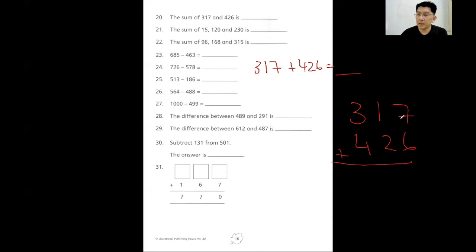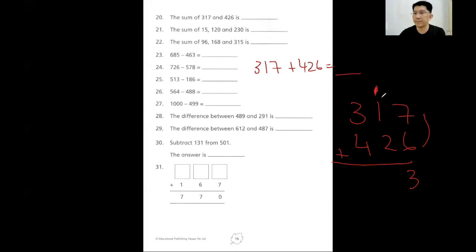Look at this, 7 plus 6. We're starting from the right-hand side as usual. 7 plus 6 is 13. The back digit is 3, the front digit is 1. The back digit 3 goes to the bottom here. The front digit 1 goes to the top of the next group.